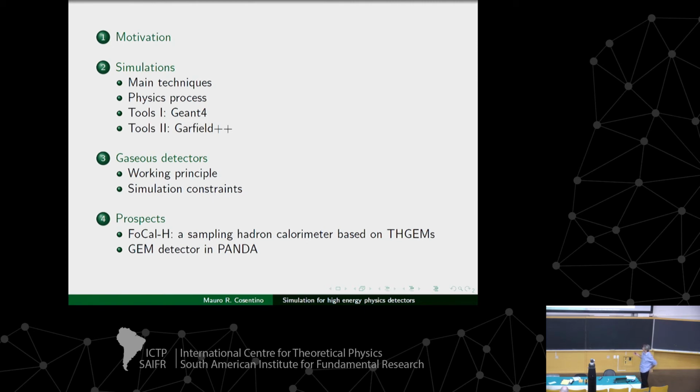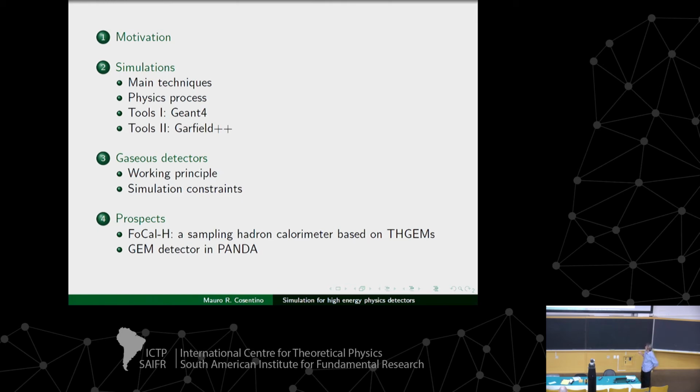And then we go to gaseous detectors. I'm going to explain a little bit more in detail the working principles that a gaseous detector has, and how this affects the simulation. Some of the characteristics of gaseous detectors will be mentioned earlier than the working principle, but they will be explained in more detail later.